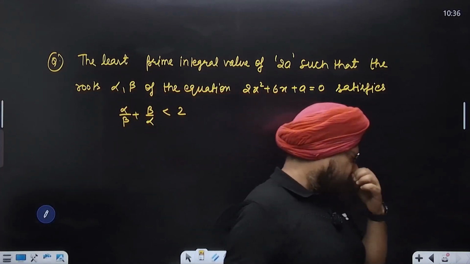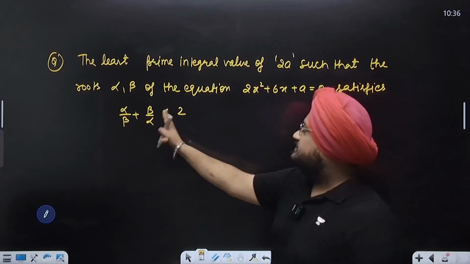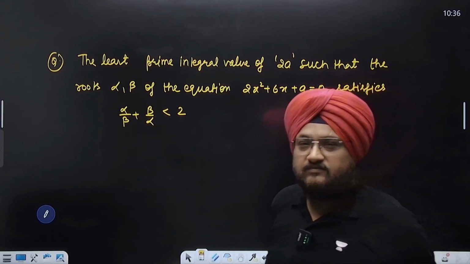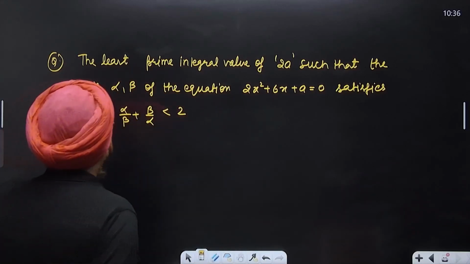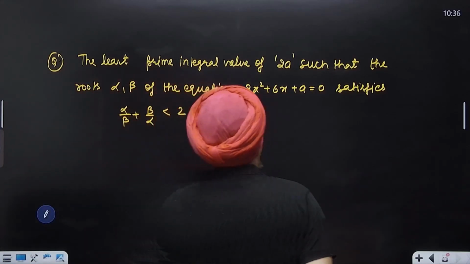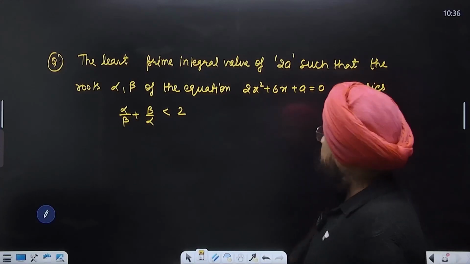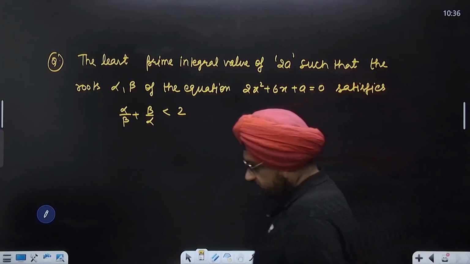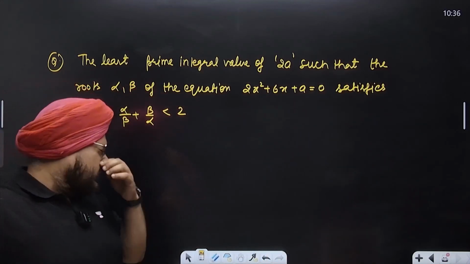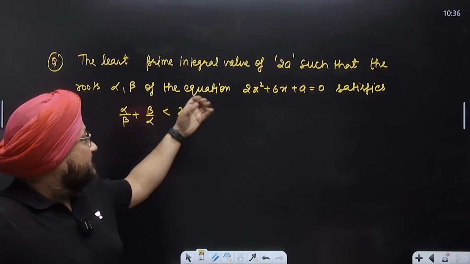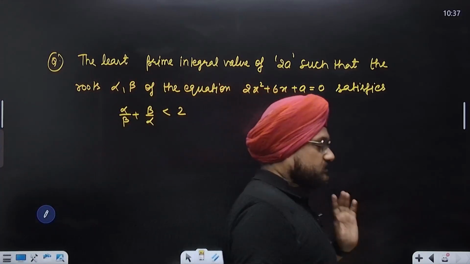So a quadratic equation is given and its roots alpha and beta satisfy this expression: alpha by beta plus beta by alpha is less than 2. Now we have to find the least prime integral value of 2a such that the equation roots satisfy this. Okay, so the parameter a is to be found out, and from that we can say the value of 2a, and the least prime value of 2a is this.